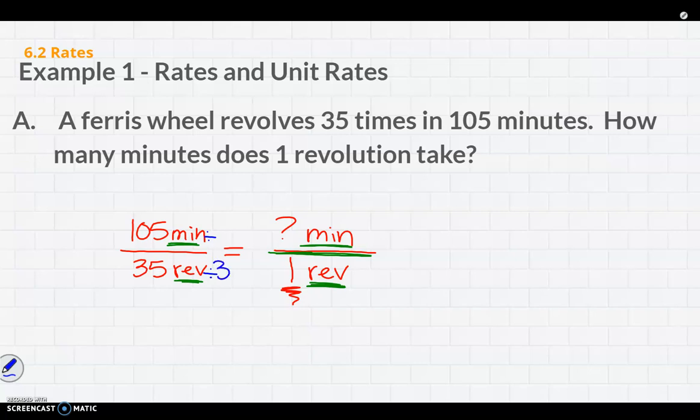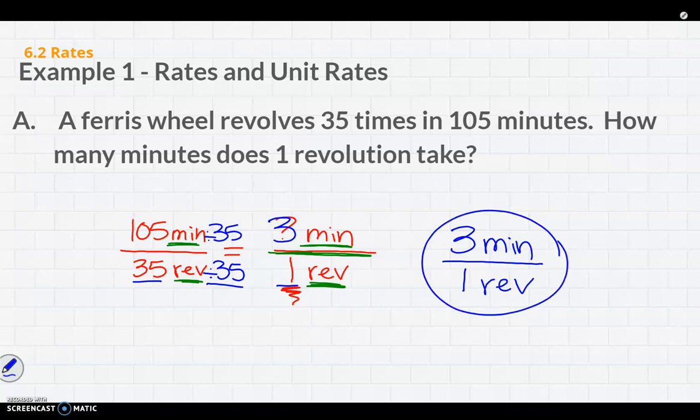In this case, the denominator is 35, which makes sense because 35 divided by 35 is 1. And 105 divided by 35 is 3. You are allowed to use calculators in this unit, so go ahead and use your calculator to do 105 divided by 35. So every 3 minutes it completes 1 revolution.